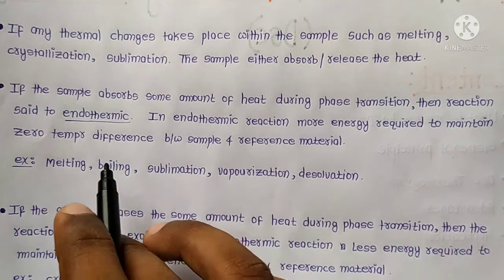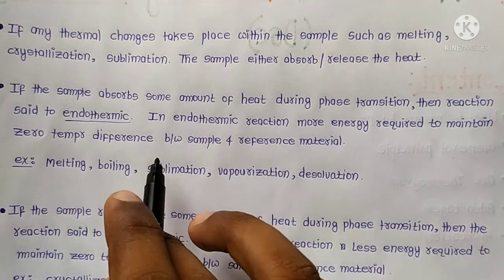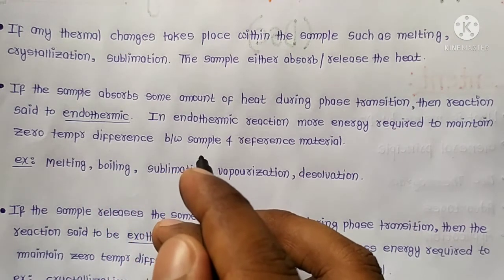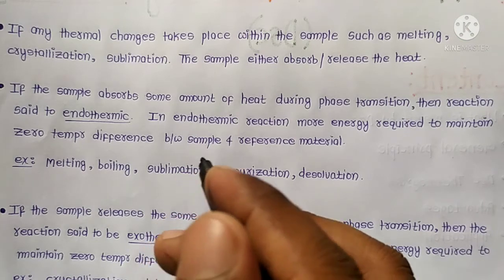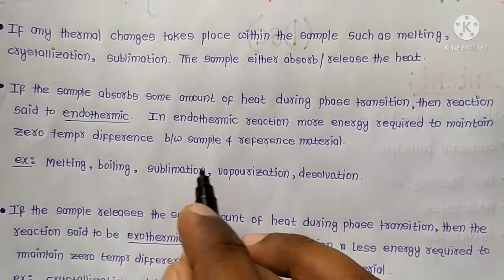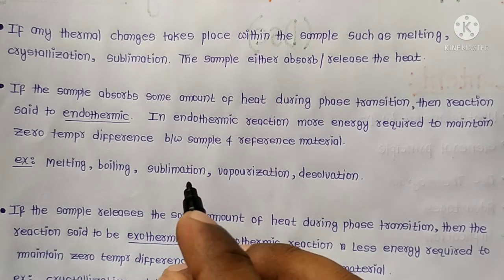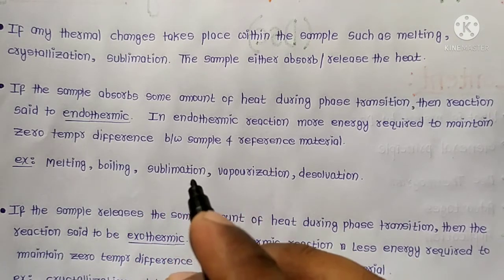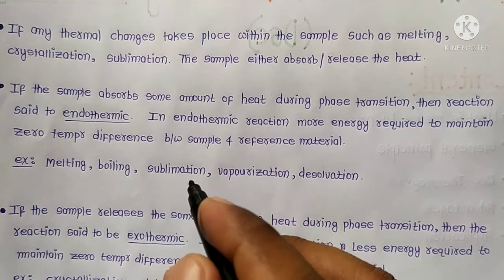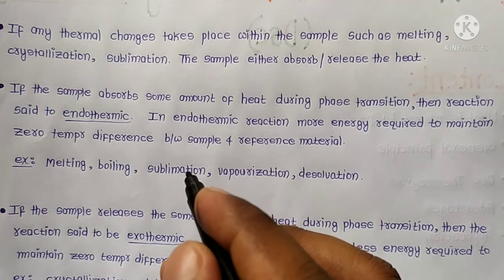Here I am using the zero temperature difference again and again. The simple meaning of this is to maintain equal temperature between the sample and the reference material. If thermal changes such as melting or decomposition take place within the sample, the sample either absorbs or releases heat.